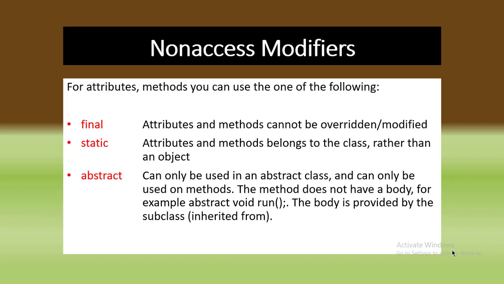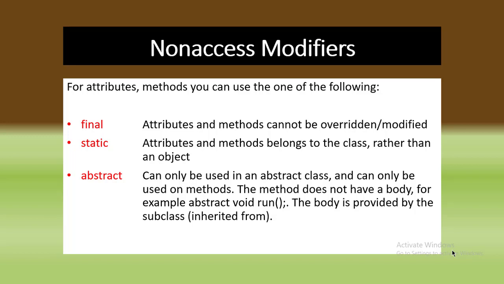For attributes, methods, and variables, we can use the following three non-access modifiers: final, static, and abstract. When we declare an attribute or a method final, it cannot be overridden or modified.